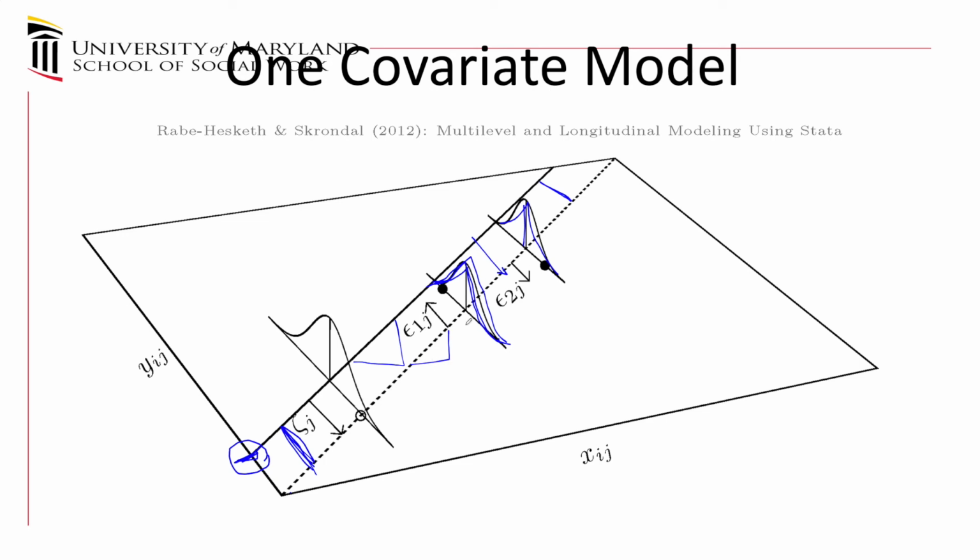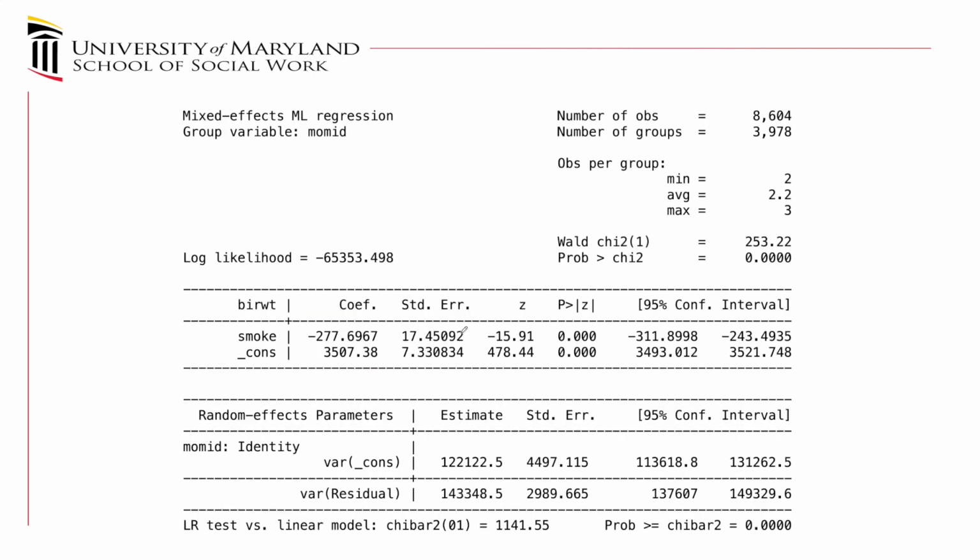So the point here is that the coefficient interpretation, by the fact that we're adding lines in a parallel fashion, doesn't change. Now again, random coefficients are going to change that for us, but with the random intercept model, no matter where the mother is, the slope of the line is going to stay consistent across all of that. And so the interpretation of our parameters, which are slopes, is exactly the same. So if we add smoking, for example, to the model, smoking is a 0-1 variable, right?